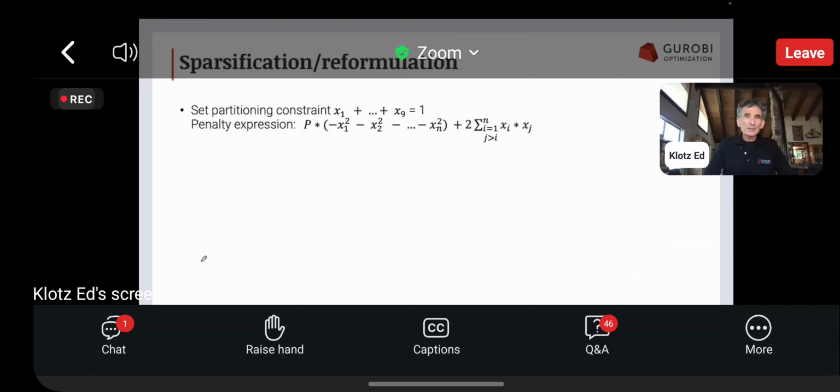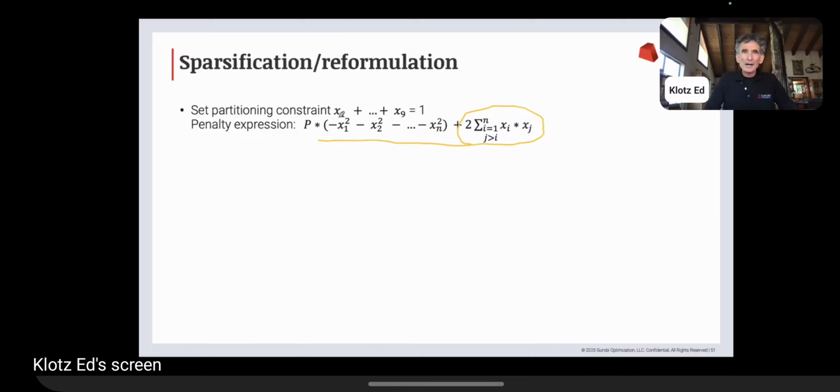So let's go back to our familiar set partitioning constraint. And here we see how we created our penalty term and how we have this quadratic growth in the off-diagonal penalties. So suppose we have a set partitioning constraint with 9 variables in the left-hand side.